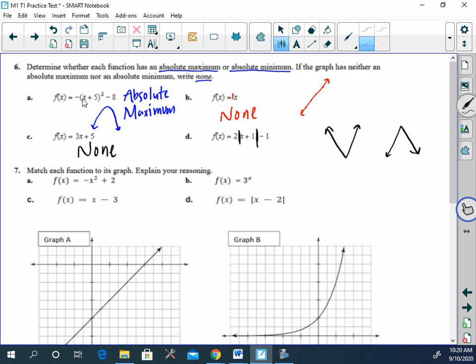So same idea, this one had the negative out front, so it flipped it upside down. Okay, this one has a 2 out front, but it's positive. When it's positive, it's going to stay opening up. So that's what our graph's going to look like. And if our graph is opening up like this, then you can see that there's this bottom point to the graph, so there is an absolute minimum here.